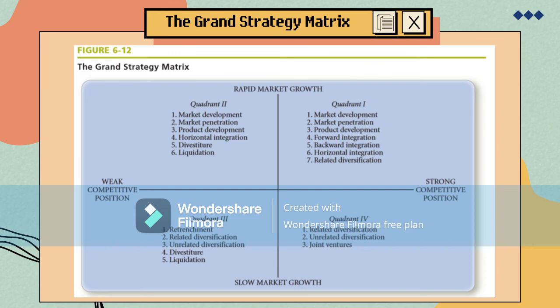Let's say the Coca-Cola Company. Do they have a weak competitive position or a strong competitive position? Of course, they have a strong competitive position. Do they have a rapid market growth or slow market growth? Well, ito po ay based sa aking naging research doon sa mga naging activity natin, as one of the weaknesses of the Coca-Cola Company is health related.